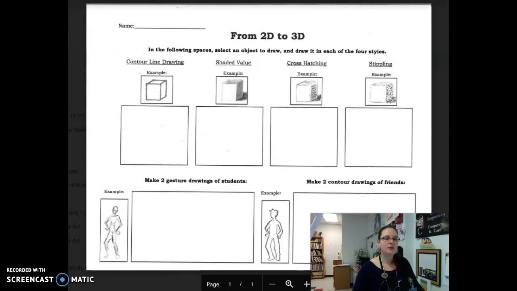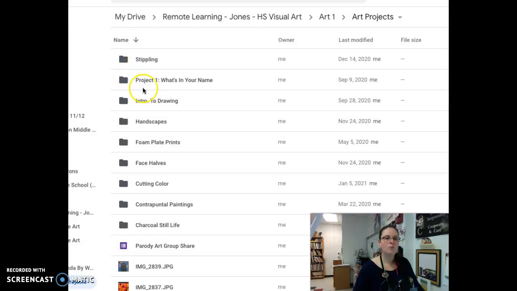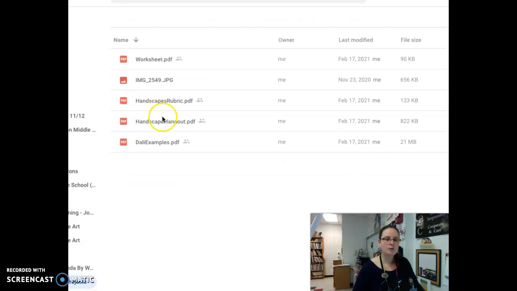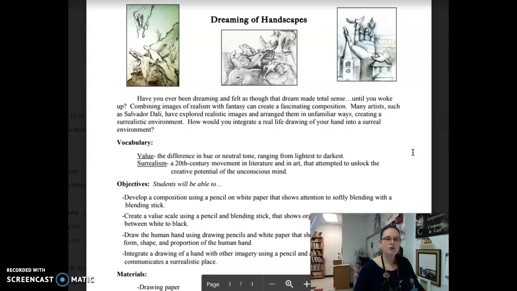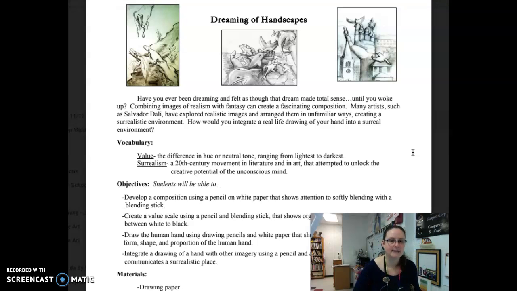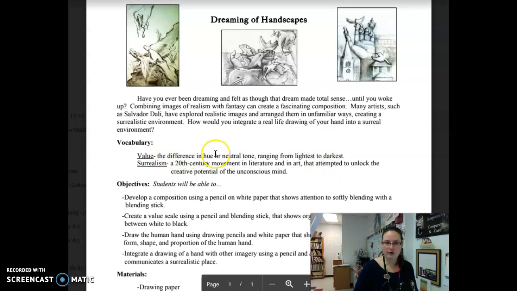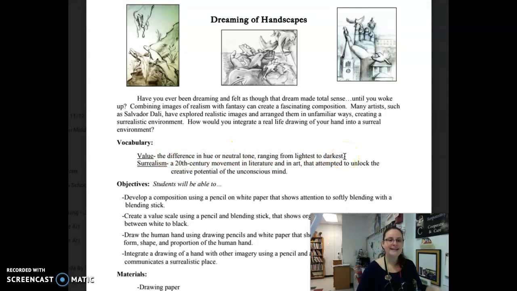And then I additionally showed you how to break the hand down into shapes. Now I want to share with you where we're going with this project. So the handout, which you could get right online, Dreaming of Handscapes, is all about creating a piece of artwork that is surrealistic. So value, you've already learned a little bit about through our last project, but making neutral tones, making a range between super light and deep, deep darks.